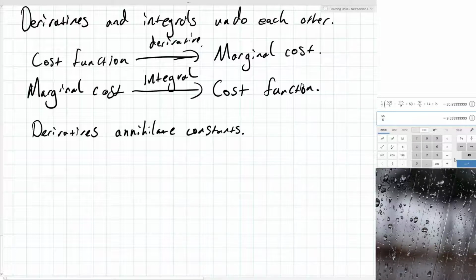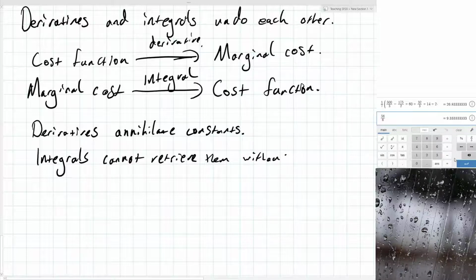And that's why we need that plus c when we're doing indefinite integrals. And integrals cannot retrieve them without prior knowledge.